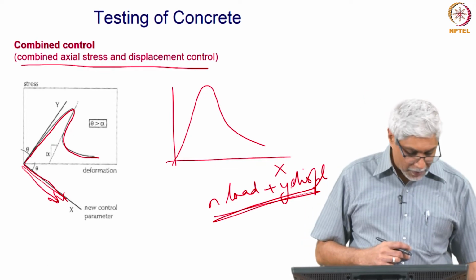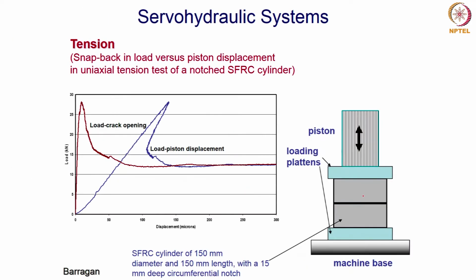An example of this can be seen here. This is a tension test where we have a steel fiber reinforced concrete cylinder with a notch around it, and we are trying to do a tension test. We have glued it onto two plates and this is being pulled apart. So, there are two ways to capture the displacement of this.